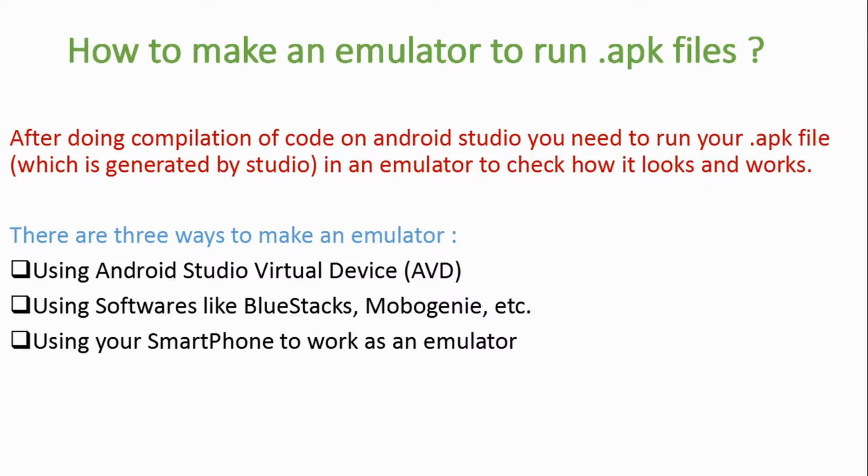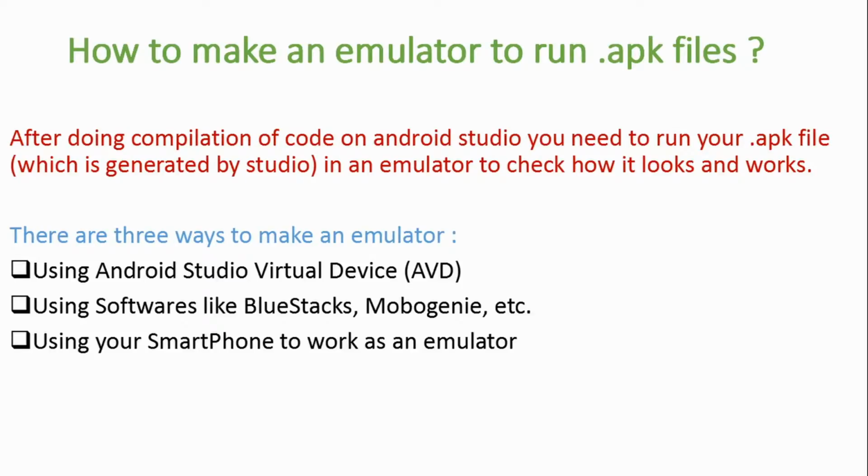Now see how to make an emulator to run .apk files. After compiling code in Android Studio, you need to run your APK file, which is generated by Studio, in an emulator to check how it looks and works. There are three ways to create an emulator. The first way is using an Android virtual device, that is called AVD.